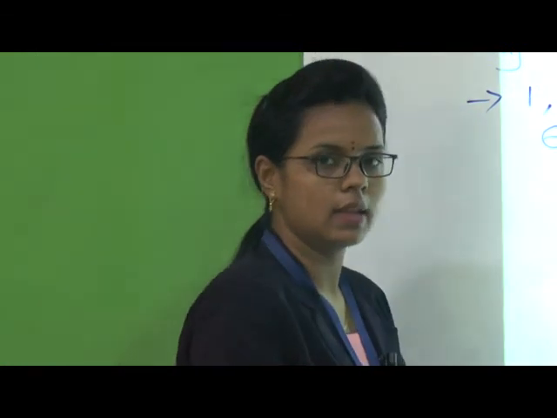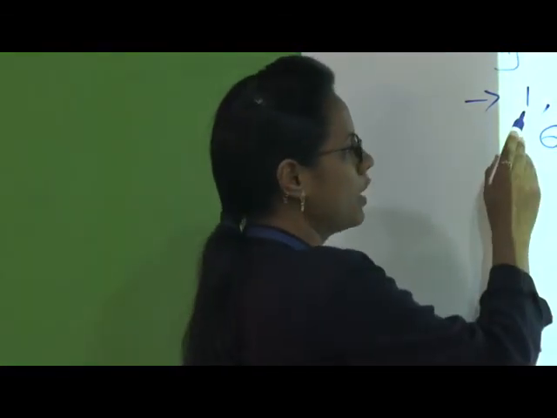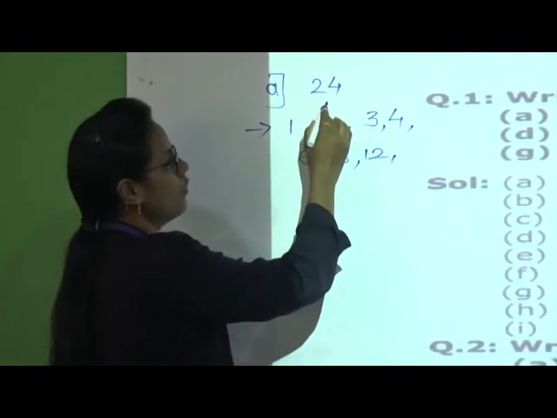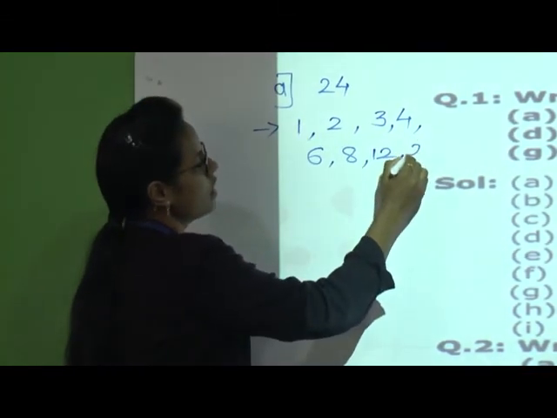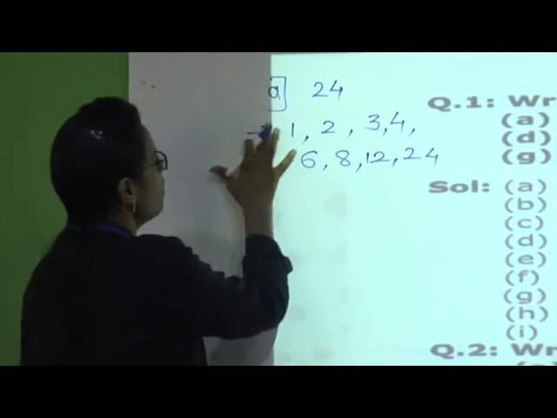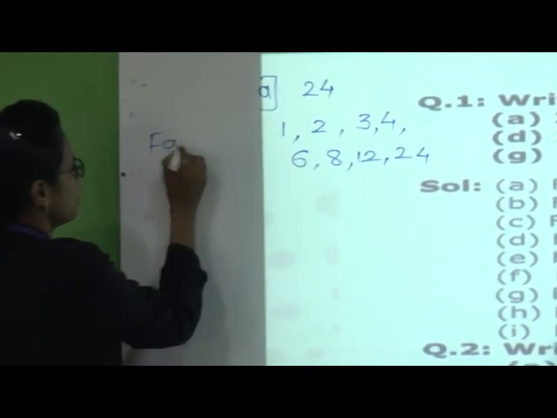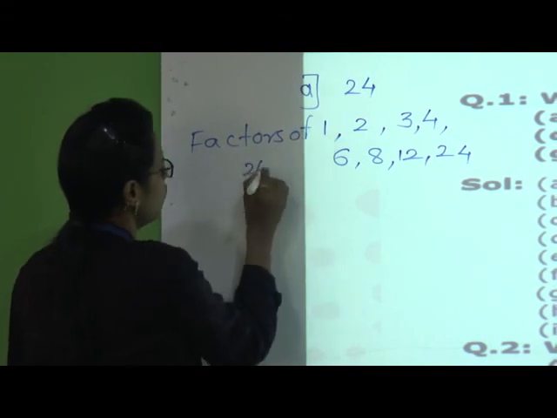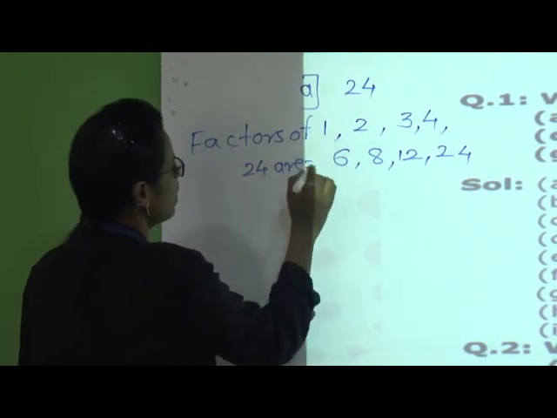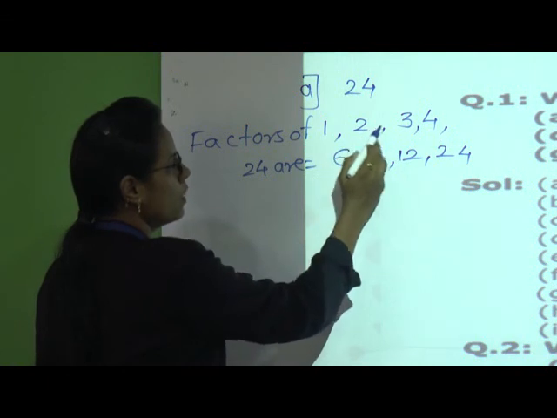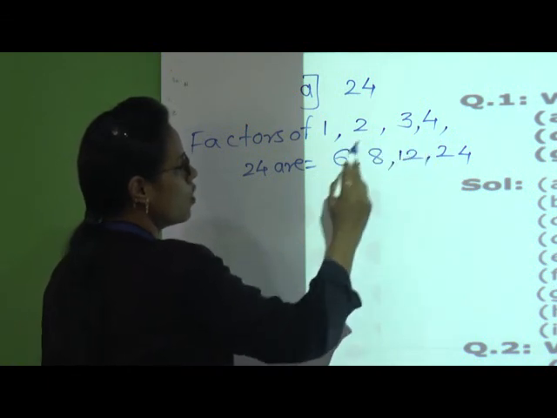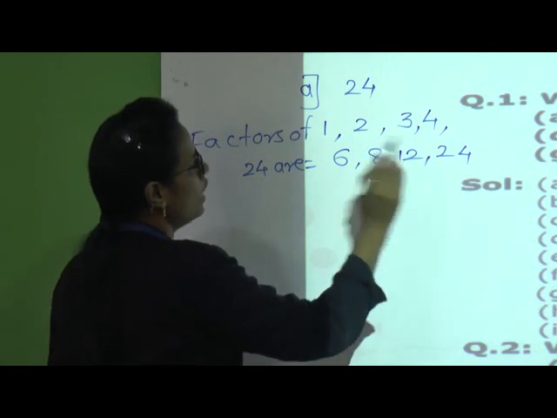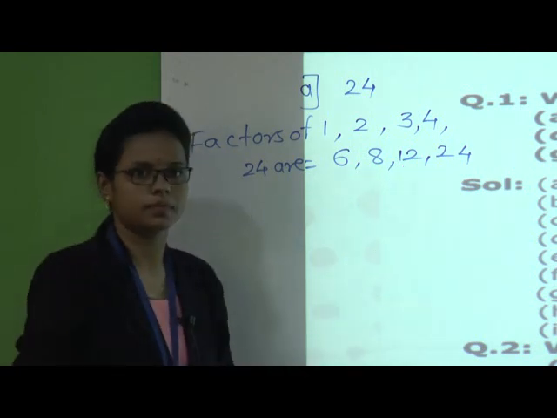As we have seen in the property, 1 is a factor of every number, and 24, the number itself, is also a factor. So what we have seen, the factors of 24 are 1, 2, 3, 4, 6, 8, 12 and 24.